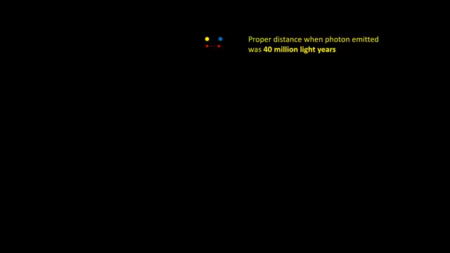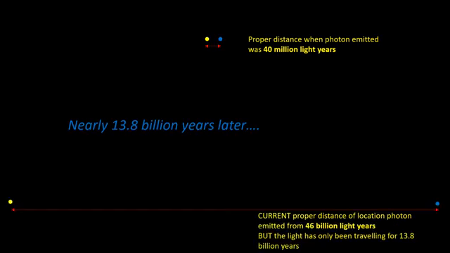If we consider something on the surface of last scattering, when its light was emitted, it lay at a proper distance of only 40 million light years from us. However, because of the expansion of the universe, 13.8 billion years later, it now lies at a proper distance of 46 billion light years, even though the light has only travelled for 13.8 billion years.